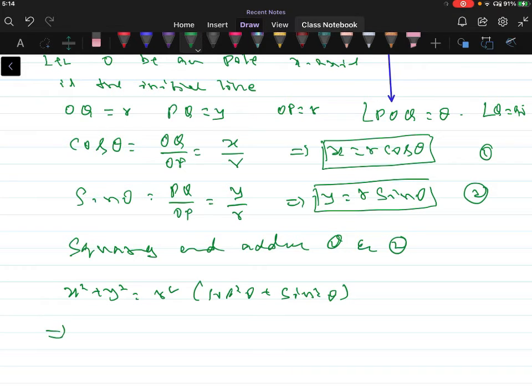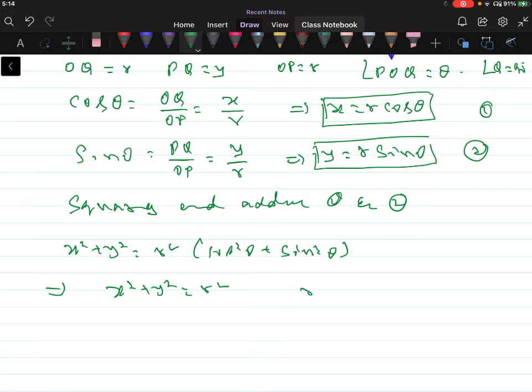So this implies x square plus y square is equal to r square. Since r is positive, r is equal to square root of x square plus y square. That is equation 3.